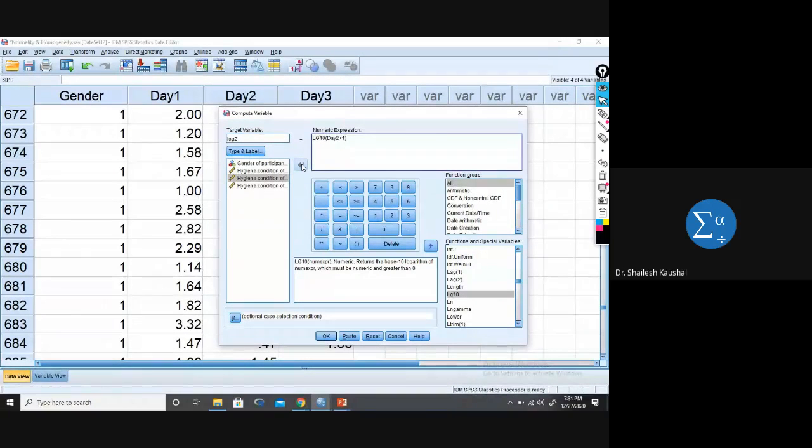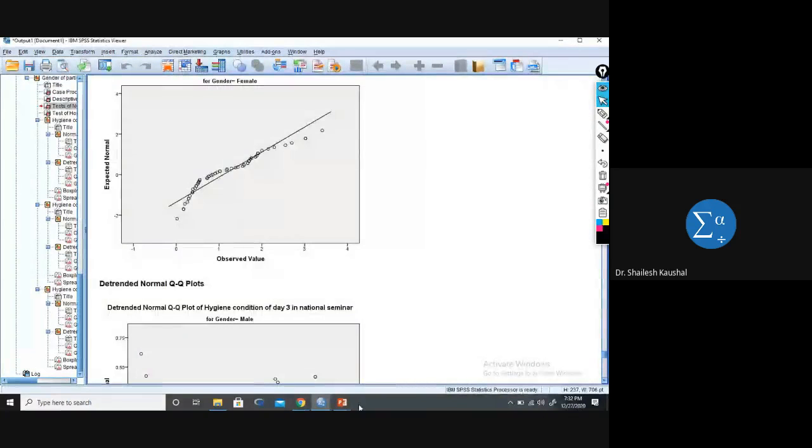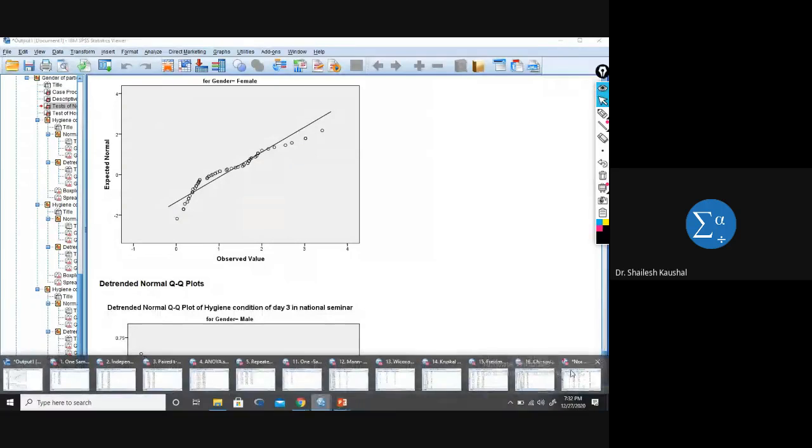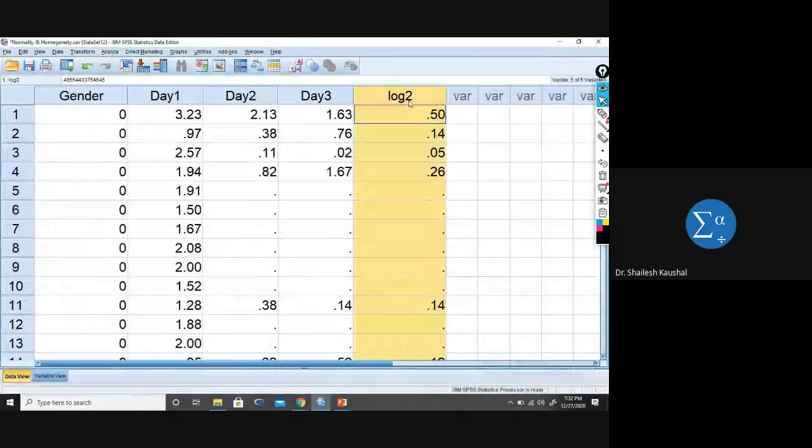So if my options were between 1 and 5, then there would be no need to add +1. That is why I have added day 2 +1 here, and then okay. This is one way to transform the data, and we will find this variable, log 2.